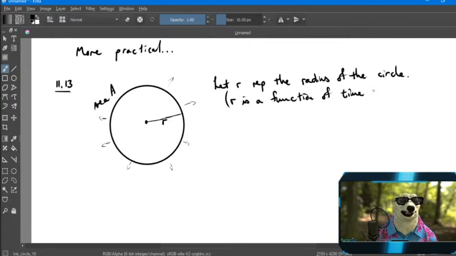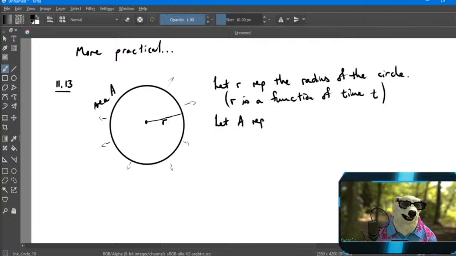Now, we don't have to define the time variable. We all agree we're going to use a t, but it's not the same kind of input variable we are used to. Technically, time, t, is the input variable. R is a function of that. And so is the area.